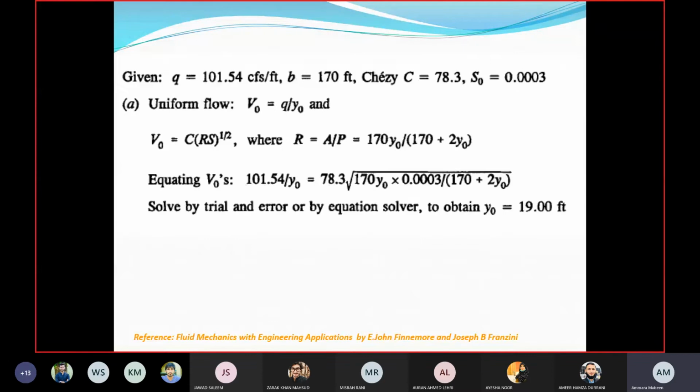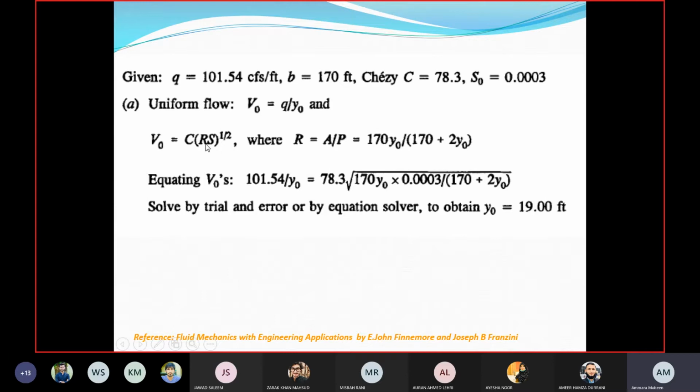Okay, since this is with Chezy's constant, you need to use Chezy's formula, and it is written here, to get the slope.